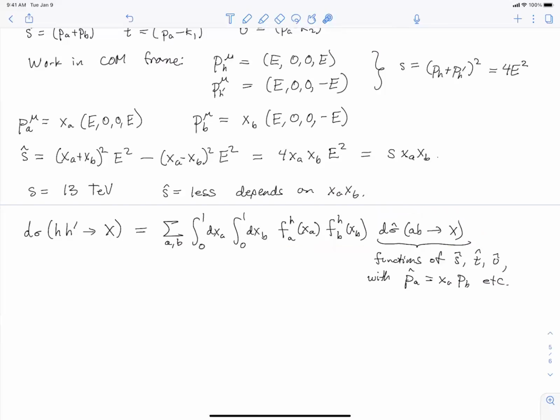They used to give them as fitted functions of a given form, but now they just give it as a big table of values, and you have to interpolate to get the actual parton distribution functions. Then you have to numerically integrate over the momentum fractions, and you're summing over all the different partons that can contribute. And then finally, you get out a cross-section that you can actually compare to experiment.